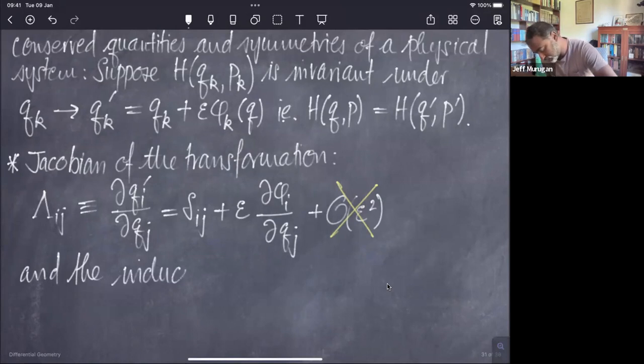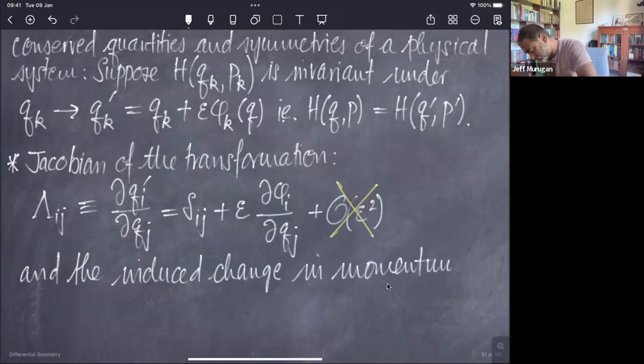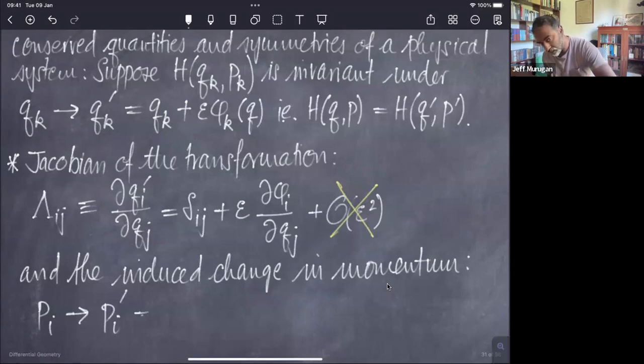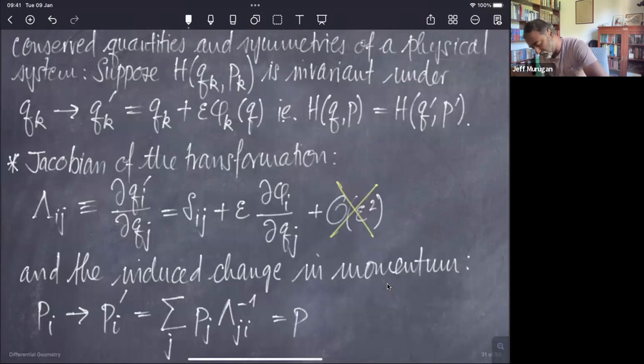The induced change in momentum is pi going to pi prime, and this is the sum over j of pj, say lambda ji inverse, which is pi minus epsilon sum over j of pj d phi j by dqi.